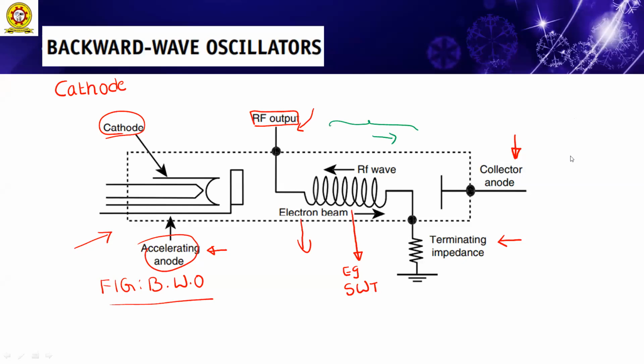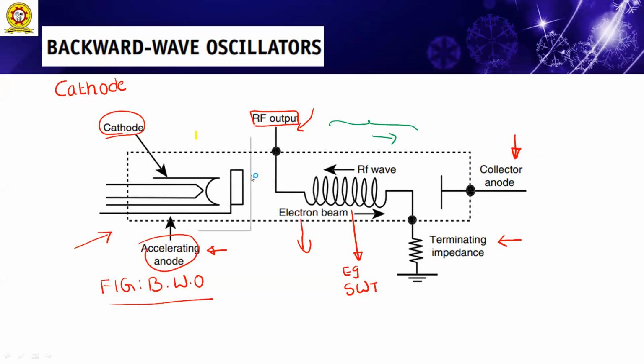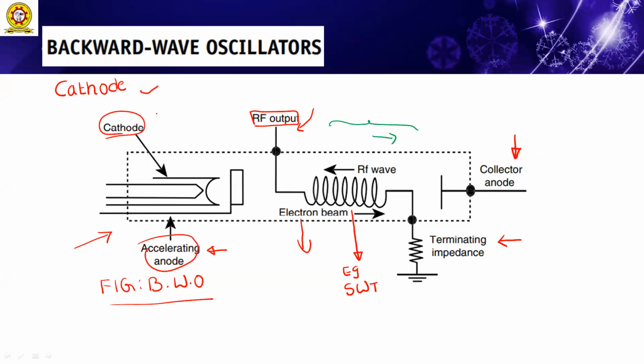This is the basic diagram for the backward wave oscillator. So it is a cathode terminal.